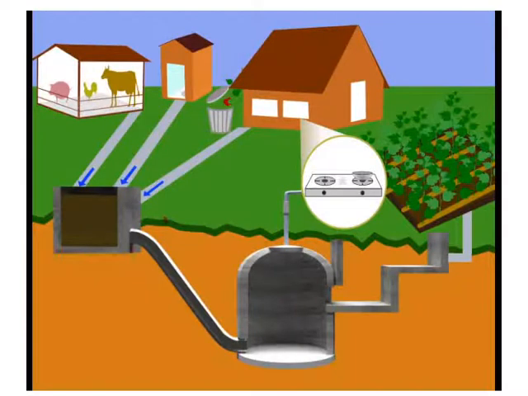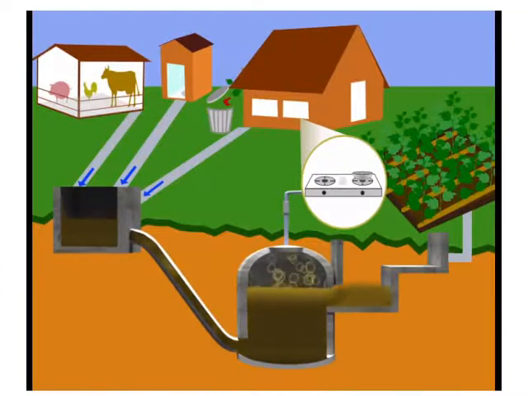And then put this mixture into the feeding tank, which is connected to the digester. Once the digester is completely filled with the mixture, leave the plant for fermentation.